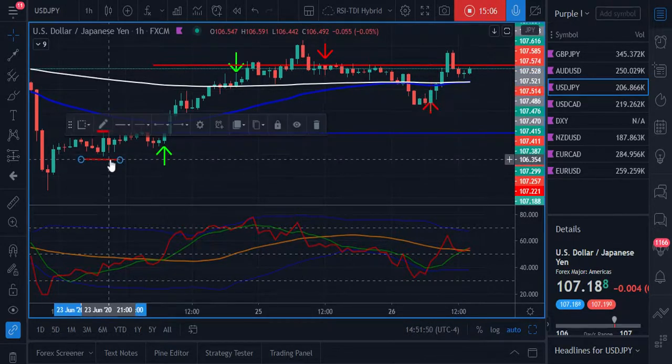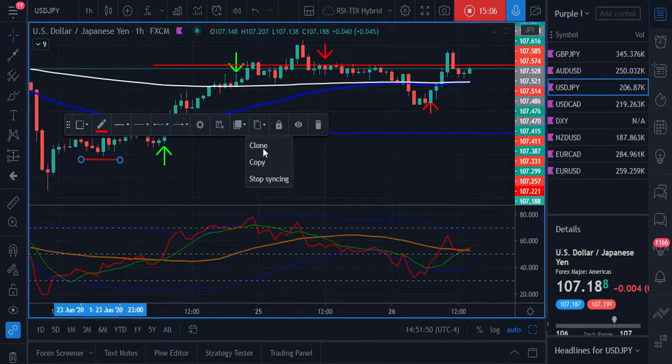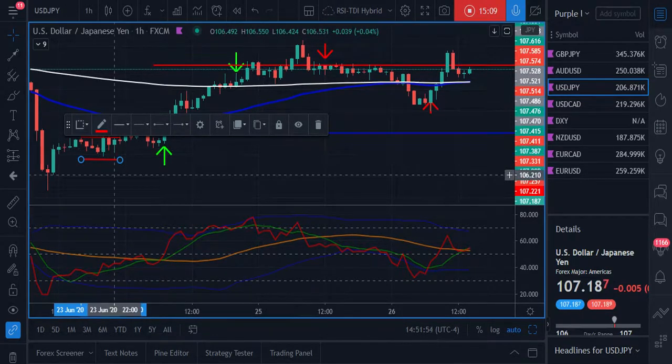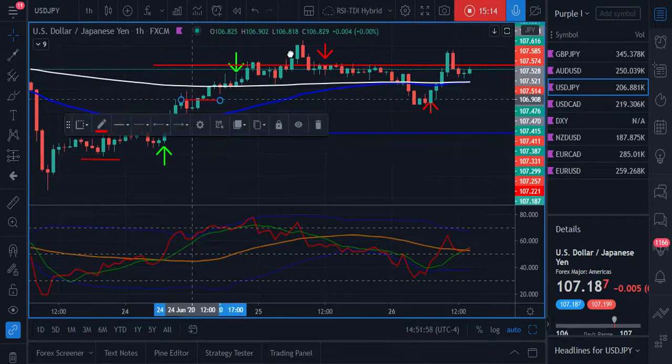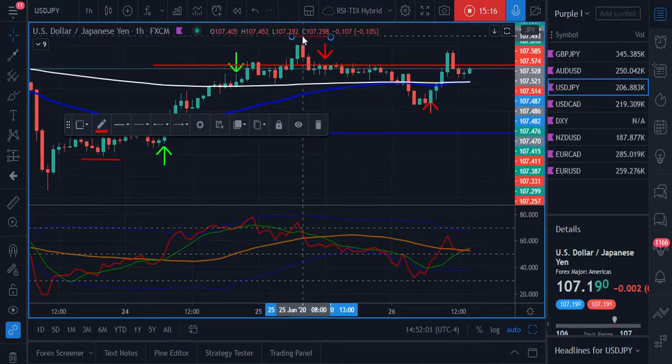So let me clone this really quick so you can see what I mean. It's moving kind of slow. I think it's because I'm videoing, but your stop loss is up here. Why?